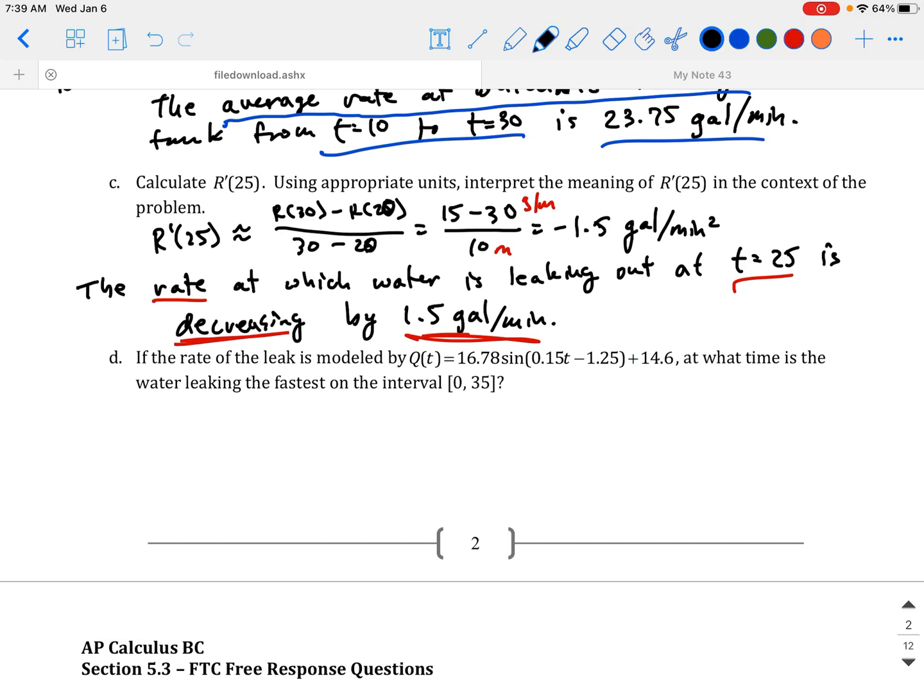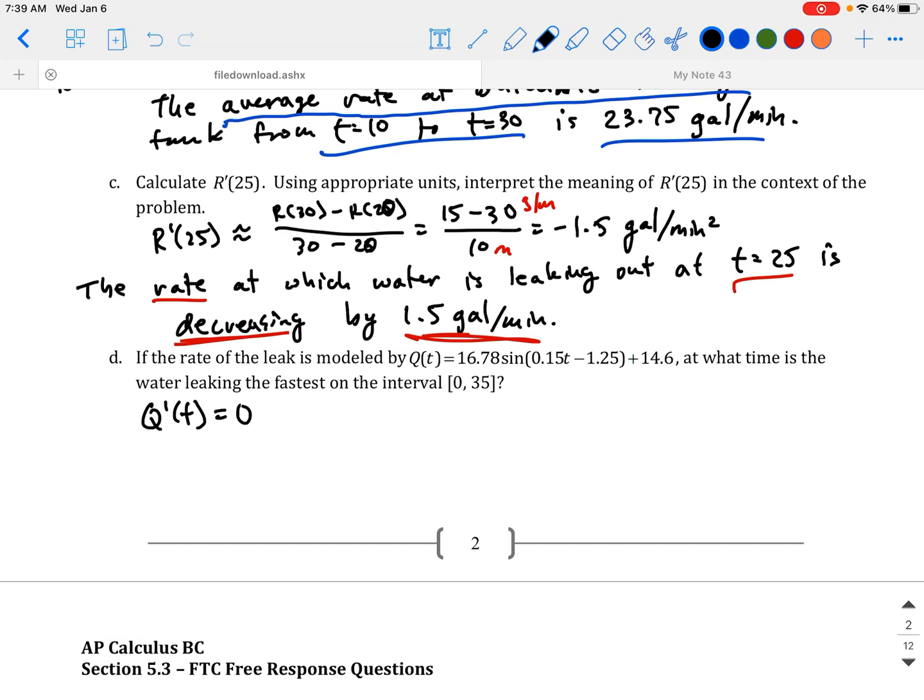What we would want to do here is set Q prime of t equal to 0, and then look for where we have a sign change from positive to negative. So I'll let you put that into Desmos if you want to, since we haven't discussed the graphing calculator too much, but it's a pretty simple calculation.